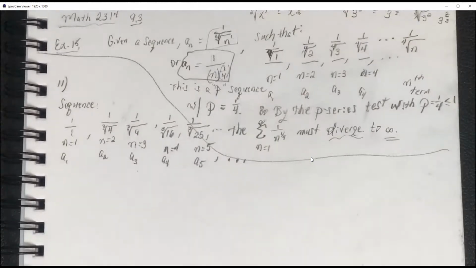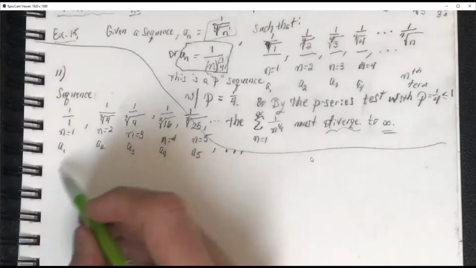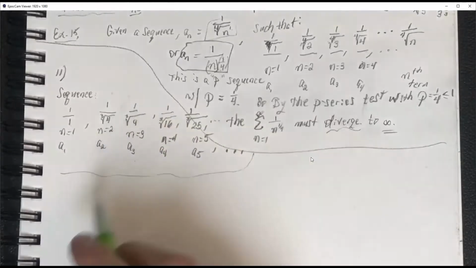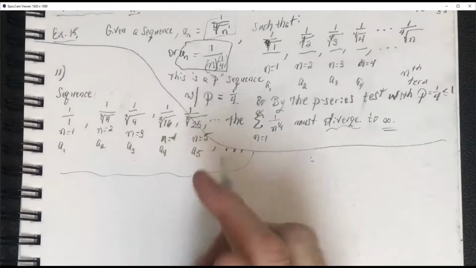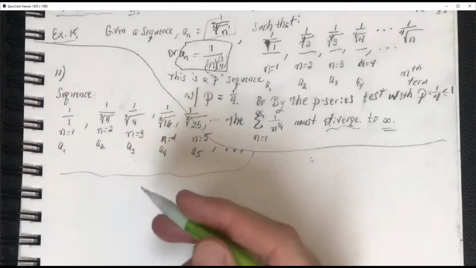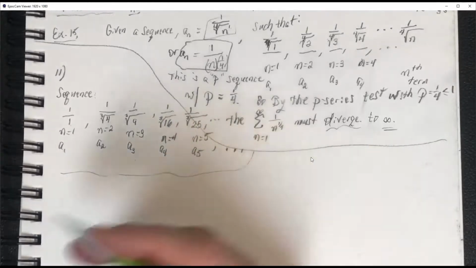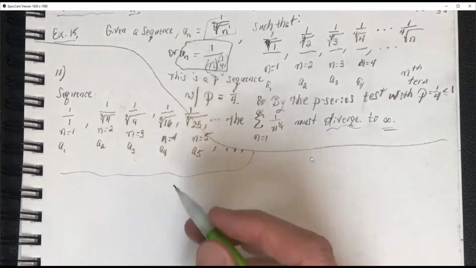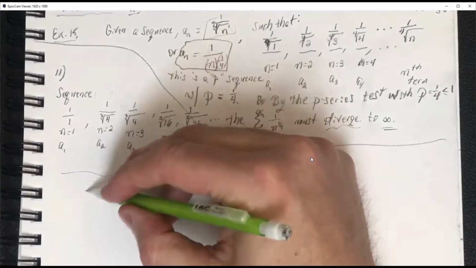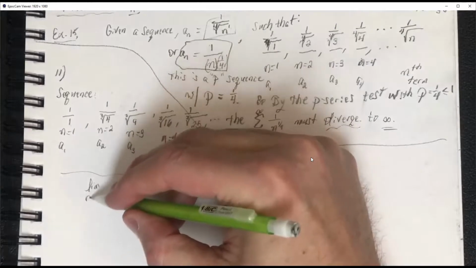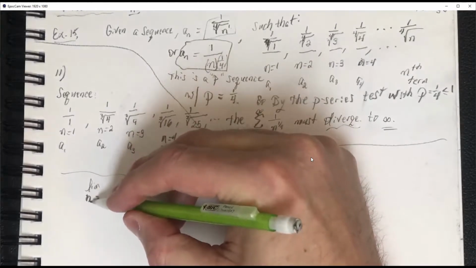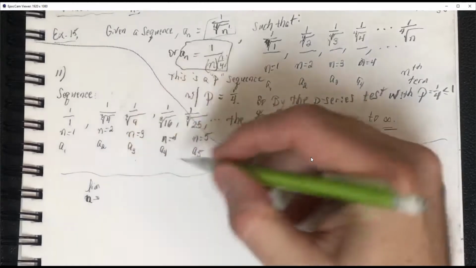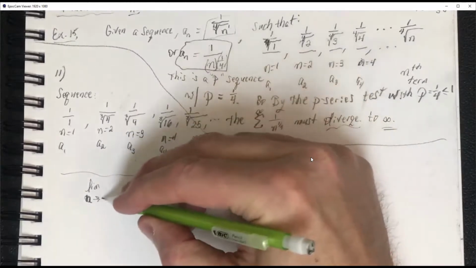So, first of all, if we stay consistent with what we have been learning as the overall structure and strategy of this problem, the first step is the limit of the individual terms of the sequence.